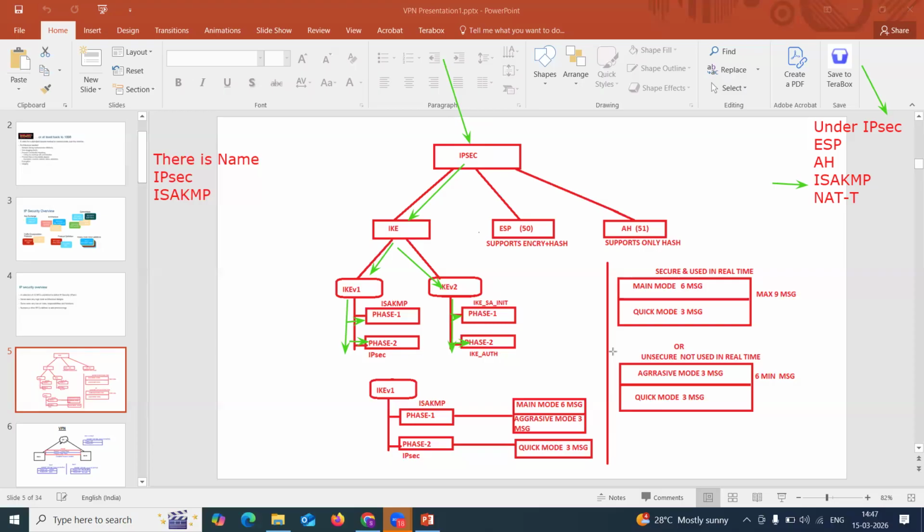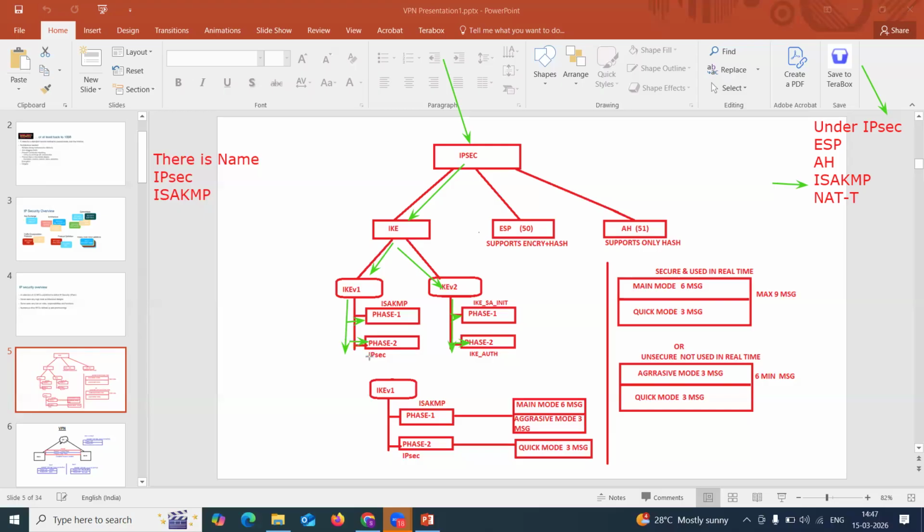Which protocol is used to carry these messages? The ISAKMP protocol is used. So this was the use as a protocol. Now understand: IKE v1 has two phases. The name of phase 1 is ISAKMP and the name of phase 2 is IPsec.